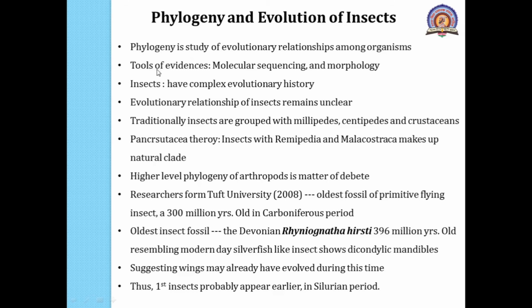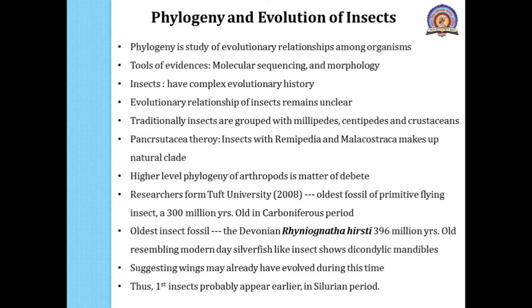The insects are a highly diverse worldwide group, and they have a very complex evolutionary history. The evolutionary relationship of the insects to other animal groups still remains unclear, or is not completely known yet. Although traditionally they are grouped with the millipedes and centipedes, there is evidence emerging of closer evolutionary ties with the crustacean groups.